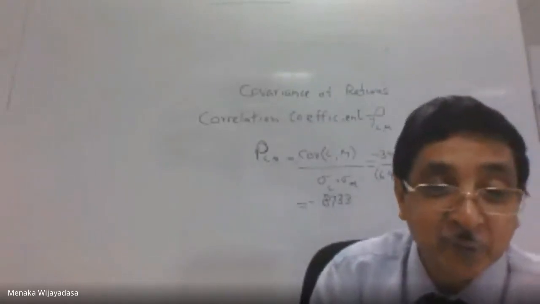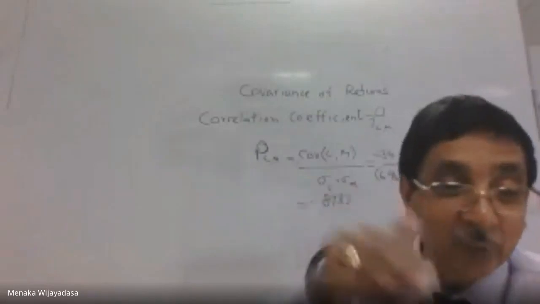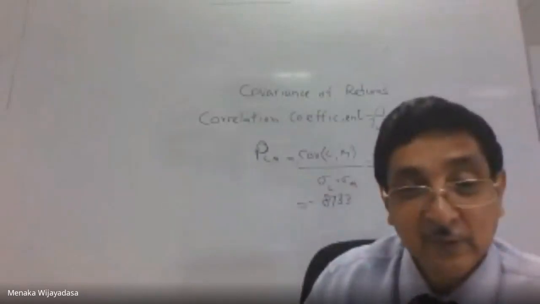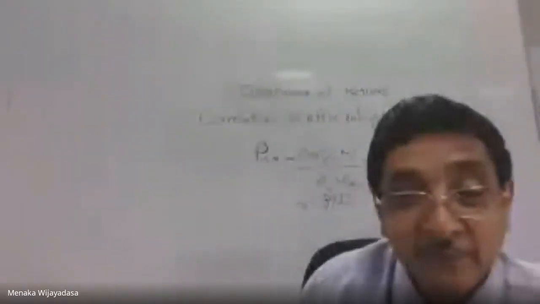Then you will have a portfolio with higher return and lower risk. That is why we need to calculate these things. Yes. So does it mean that if we have two assets with a positive correlation, then our portfolio risk is higher? Yeah, it would be a higher one. Yes, higher one.